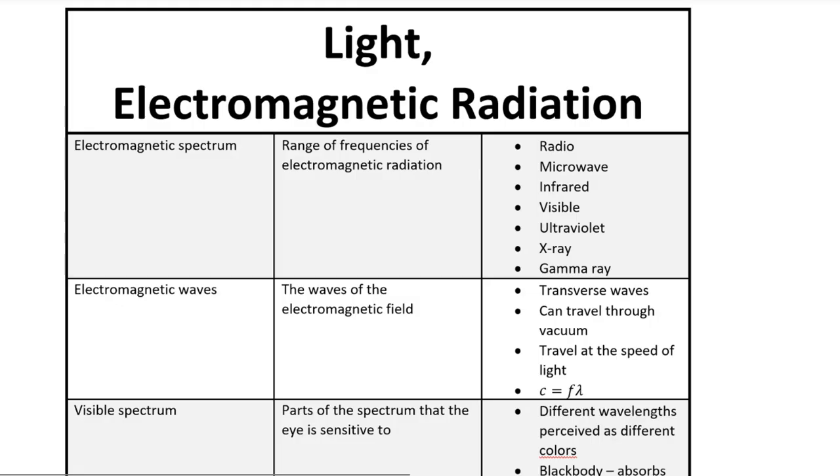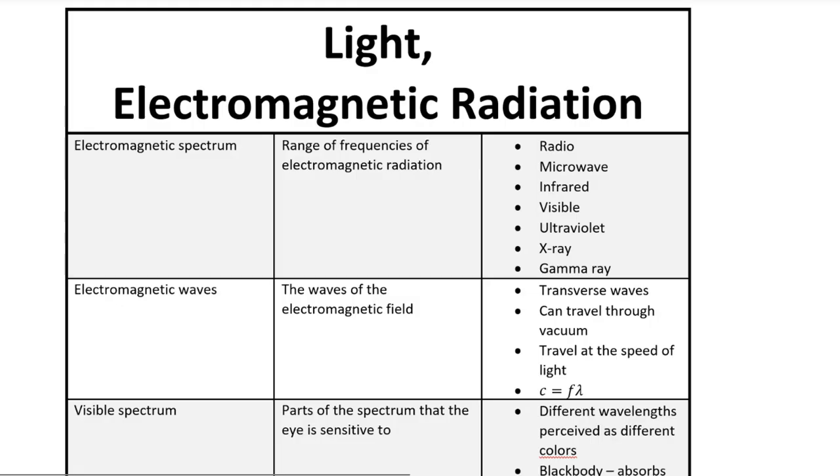ultraviolet, and X-rays. I then emphasized the fact that not only are light waves transverse, but they also oscillate in two different planes. The electric field portion of the wave oscillates perpendicular to the magnetic field portion. The direction of propagation of that wave as a whole is then in the third dimension.